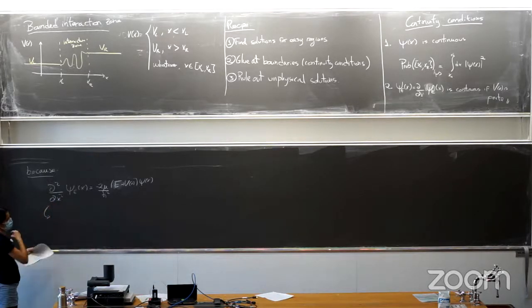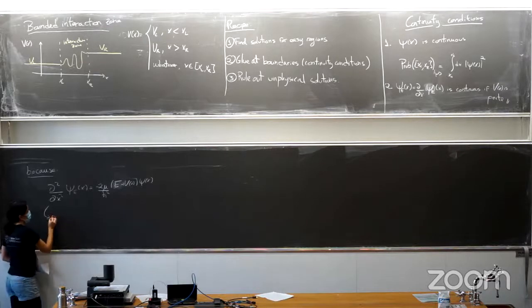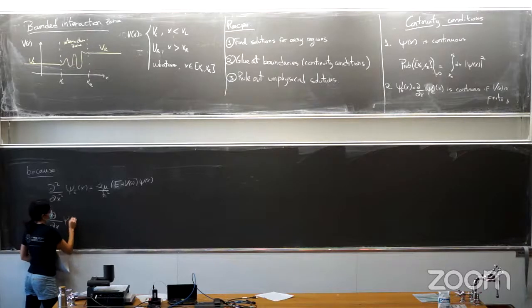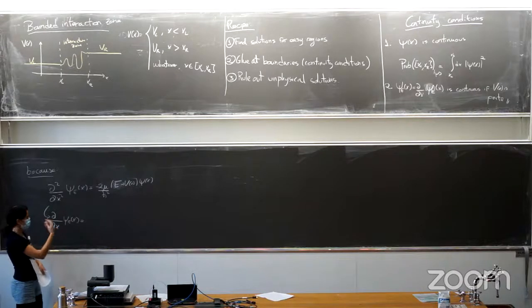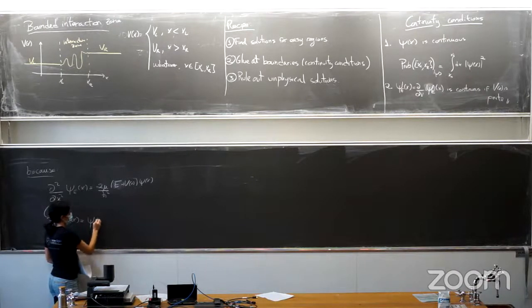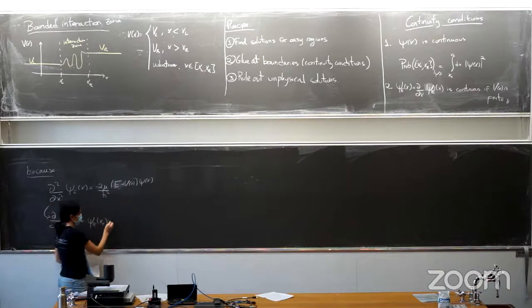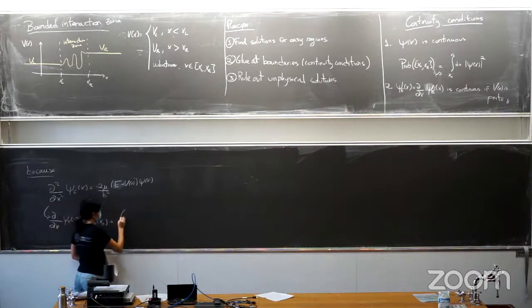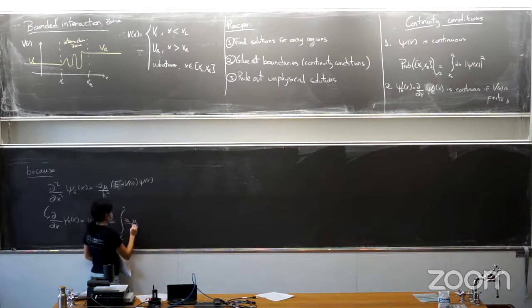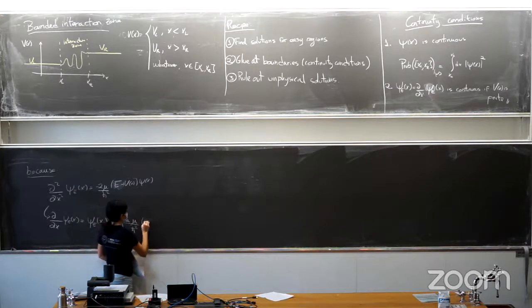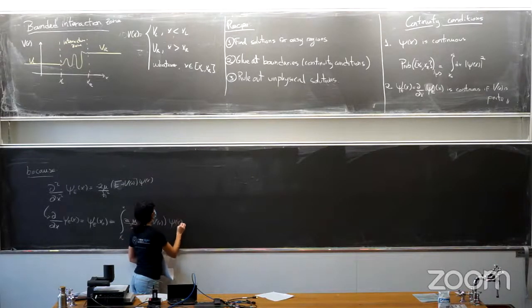So this means dpsi/dx, which is the thing that we're trying to prove is continuous, is a constant, which could be the value at some point x0, plus the integral from x0 to x, with a minus sign, of 2 mu over h bar squared times V of x minus E, times psi of x.